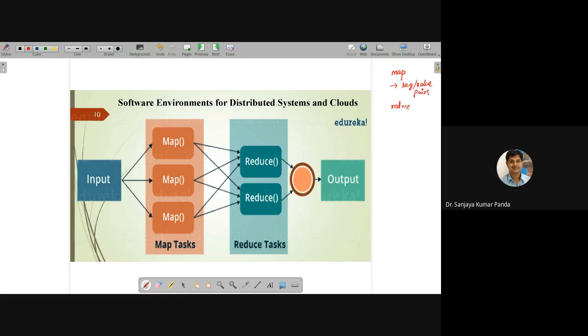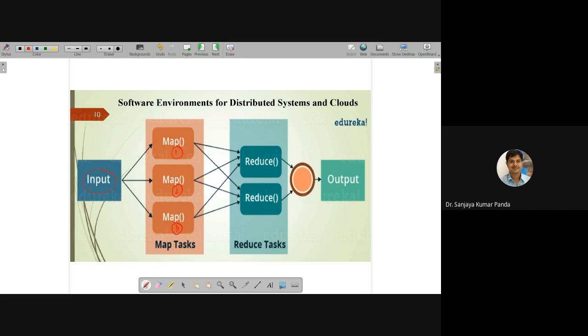Another simple architecture you can find here: you are giving a very large input file as input to MapReduce. We have to provide a large set of files. I'll give an example with a simple set of files, but you can think of very large files. Then the input is going to be divided. For example, I have three map functions here: the first function, the second function, the third function.